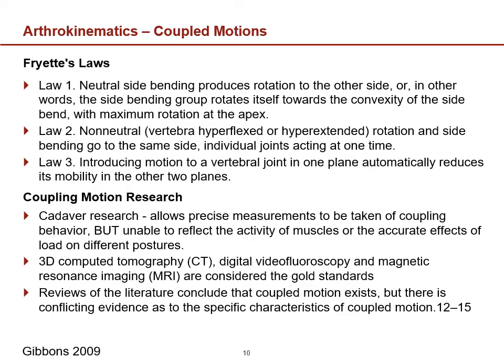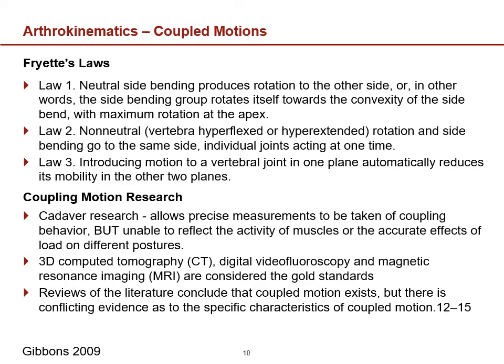Okay, it's hard to talk about coupled motions without talking about Fryette's laws. He has 3 of them. Law 1, a neutral spine. If the spine is in an otherwise stacked or neutral position, then side bending produces rotation to the opposite side, which is our type 1 coupled motion that we discussed in the last slide as defined by the osteopaths.